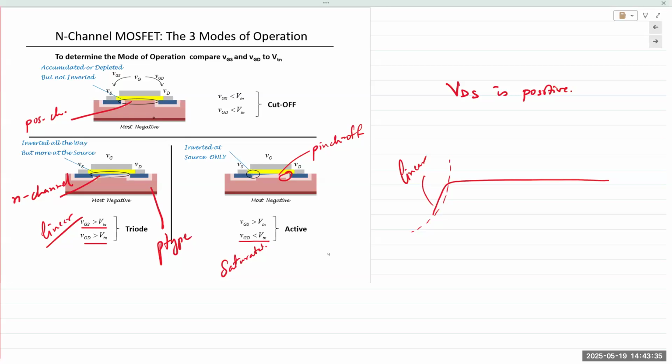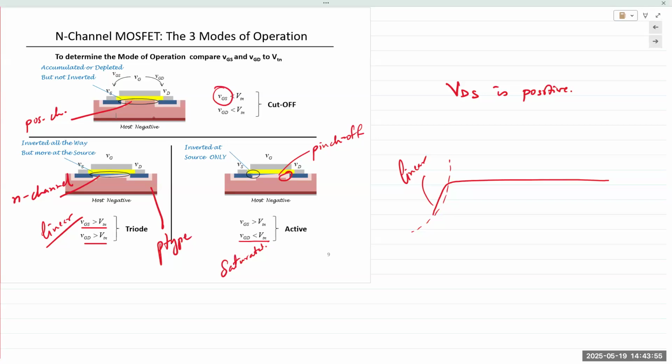So in an enhancement mode device, we apply voltage between the gate and the source. This creates a channel right underneath the gate that links both the drain and the source.